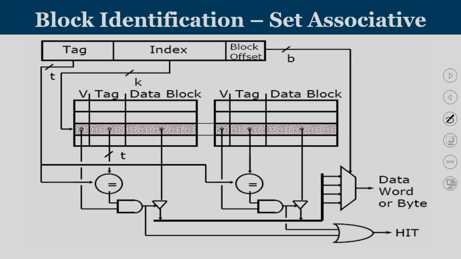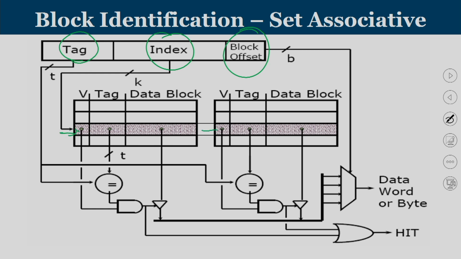This is the way block identification happens in a set associative cache. This is a two-way associative cache. From the address the CPU gives, like previously mentioned, you have the tag portion, index portion and offset portion. With the index portion, you go into the corresponding row. Since it is two-way associative, you have two different blocks.